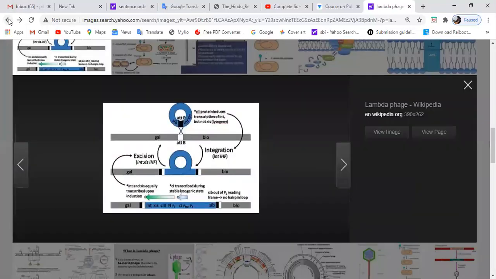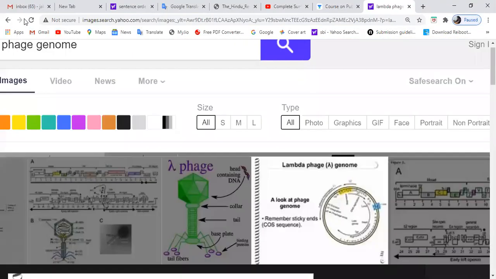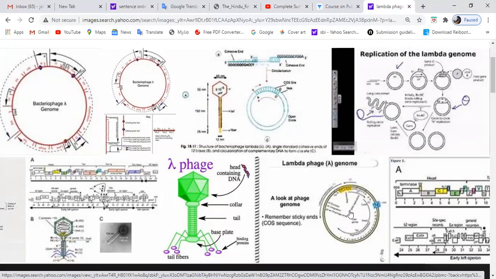Right. So the next, now in the second diagram, I will show you.